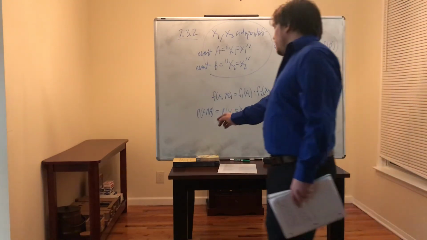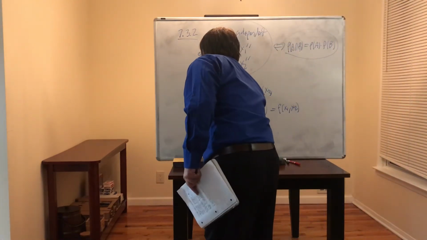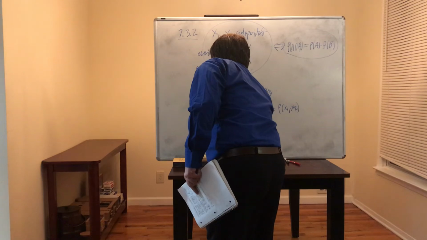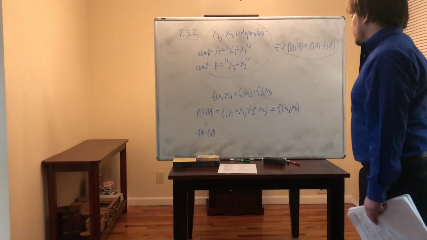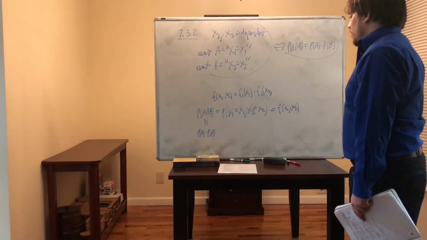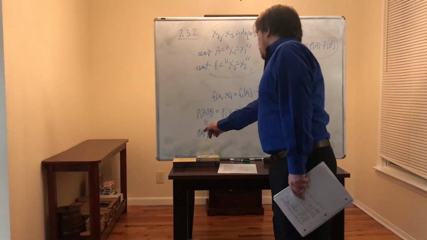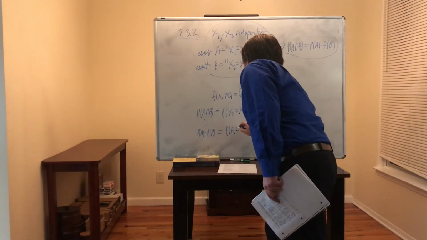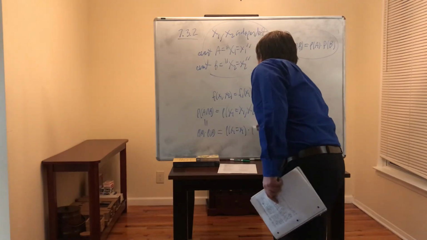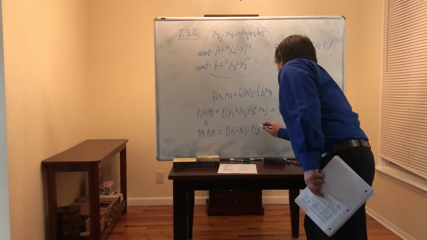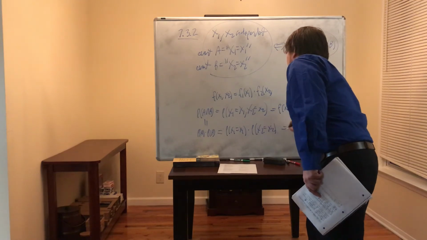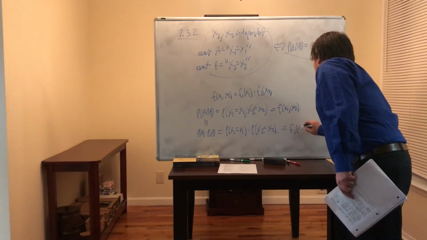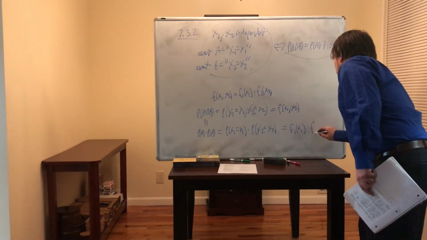But we know the probability of A intersection B is equal to the probability of A times the probability of B if those two events are independent. And so the probability of event A is the probability that x1 is equal to little x1, and the probability of event B is the probability that x2 is equal to little x2. And that probability is f sub 1 of x1, and that probability is f sub 2 of x2.